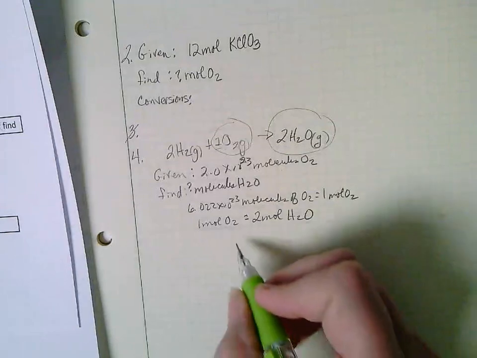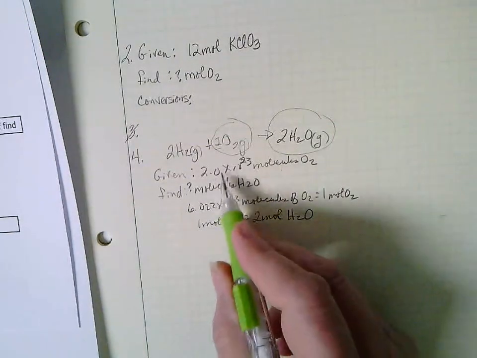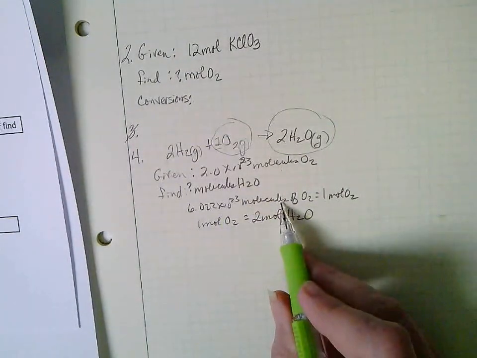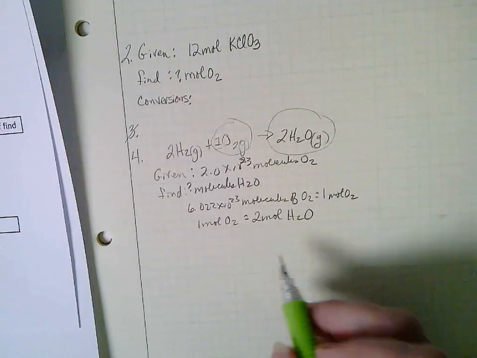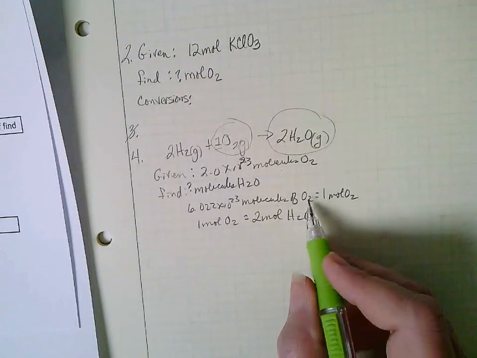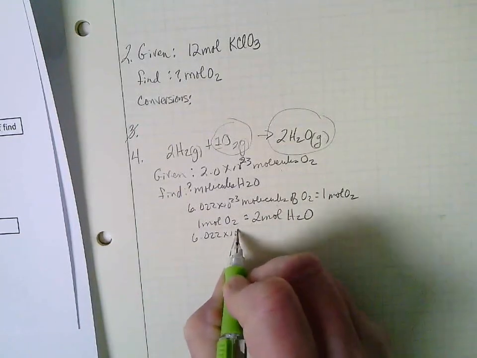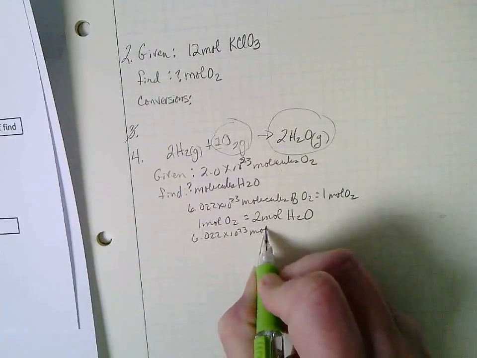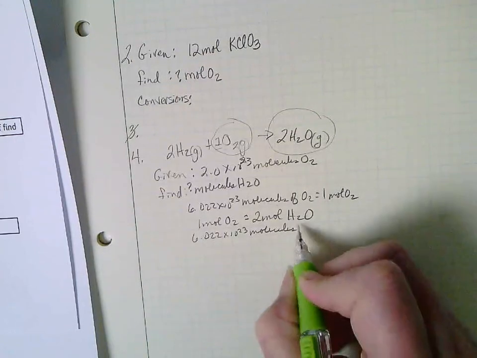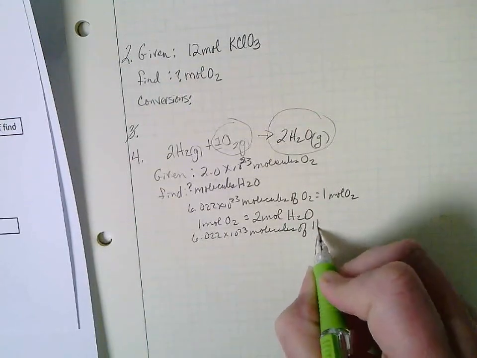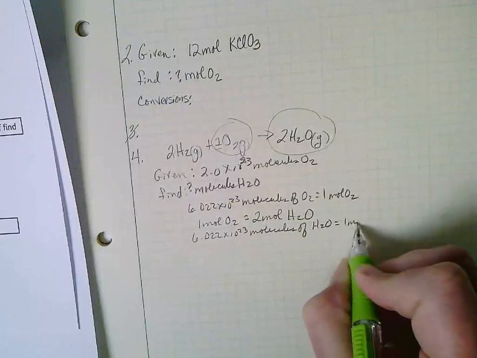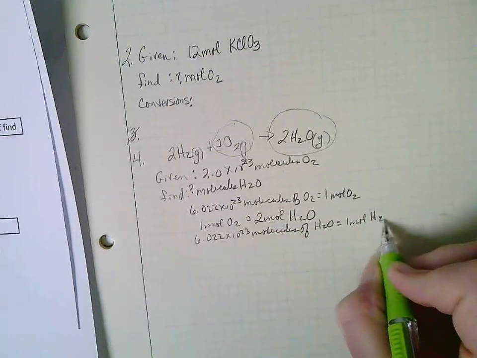And then the last one is the same as the first one, except now it's not molecules of O2, it's molecules of H2O. So 6.022 times 10 to the 23rd molecules of H2O equal 1 mole H2O.